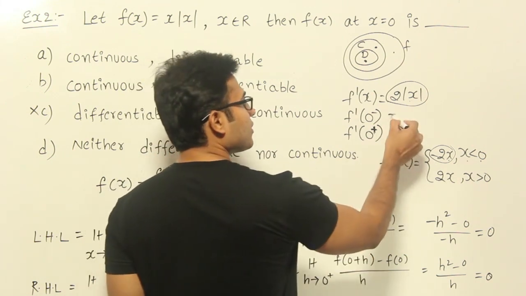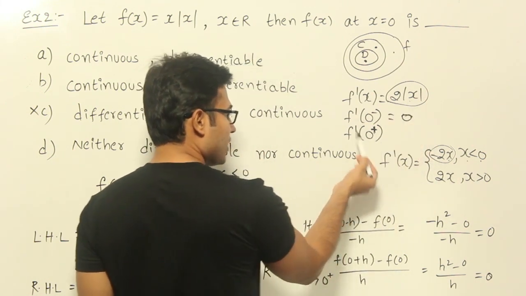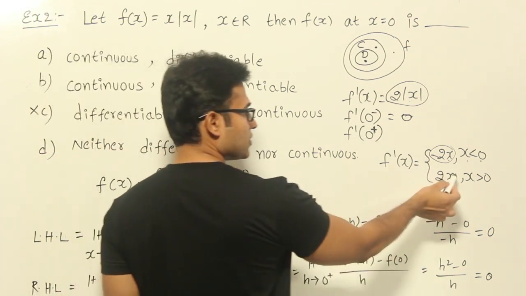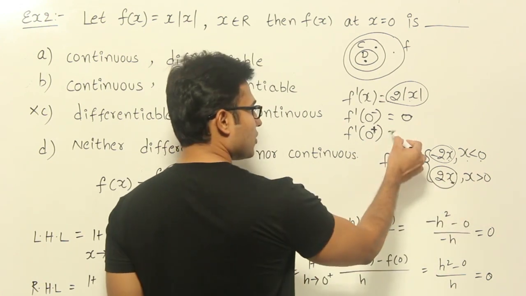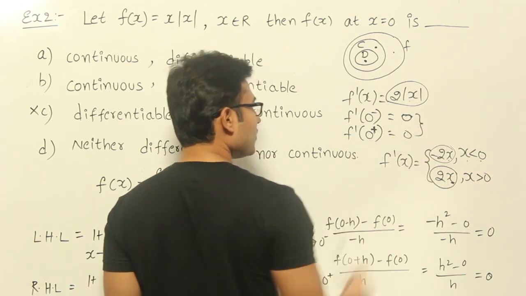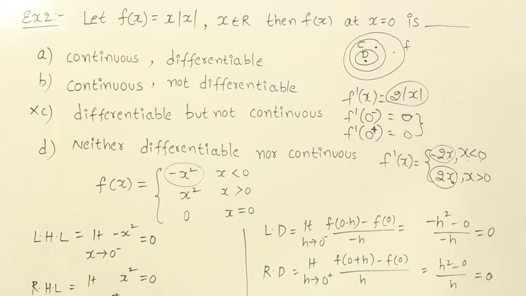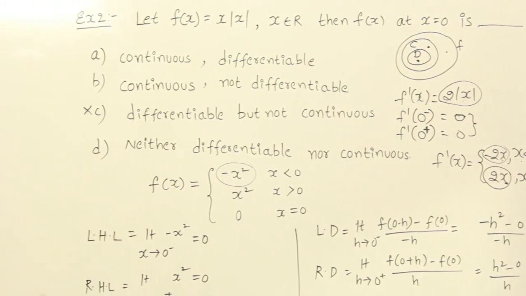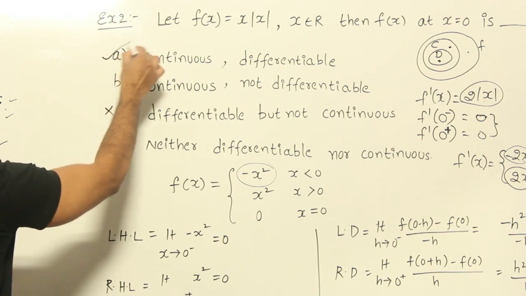So what will you get? 0. Now if you have to find this value at a positive value, which means 0 plus, then you have to use this function, and in place of x you have to substitute 0. Anyway you are going to get 0. Therefore since these two are equal, we can say that it is differentiable. So that is a shortcut. Since I explained it, it might have taken some time, but if you do it, it is really a shortcut. So this is going to be continuous and differentiable.